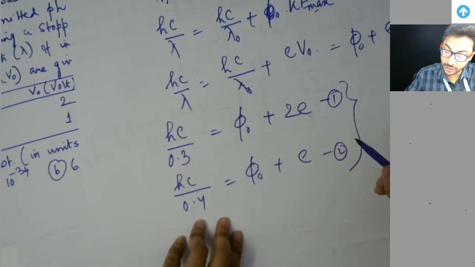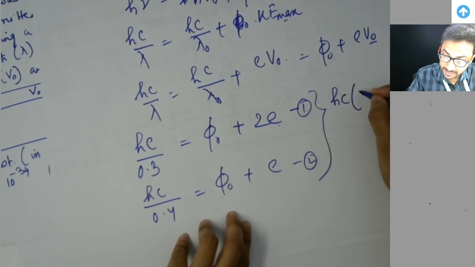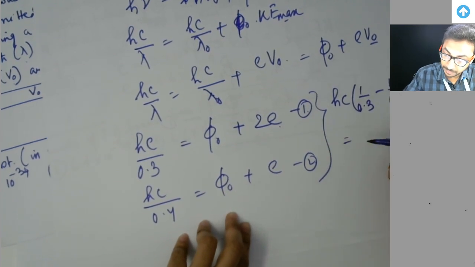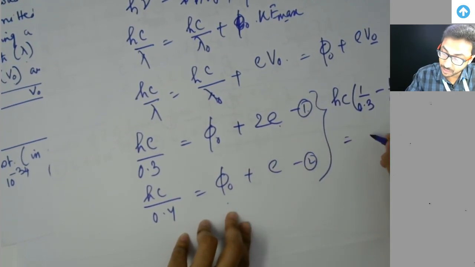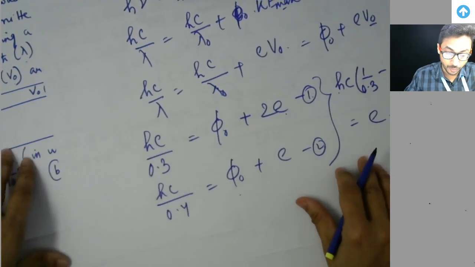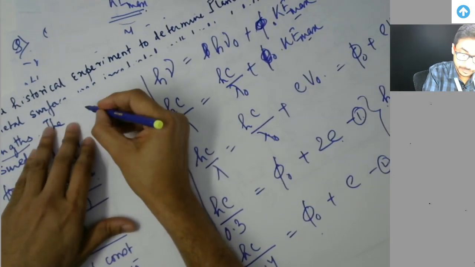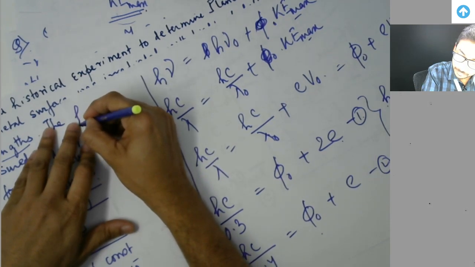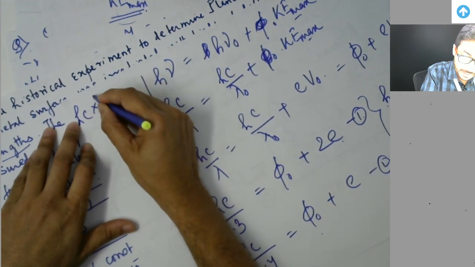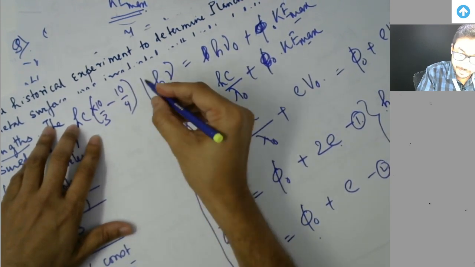If we subtract equation 2 from 1, we will get hc times (1/0.3 minus 1/0.4), that is, phi 0 cancels out, it becomes e. Now we have to find out the value of h. Now we'll proceed. hc can be written as 10 by 3 minus 10 by 4, and mind, these are in micrometers.